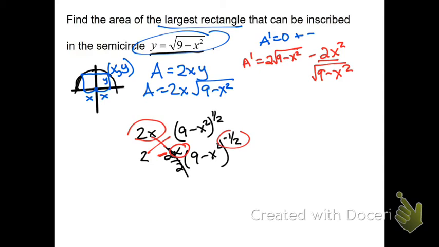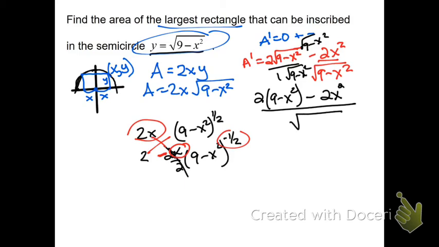And now it's just a matter of getting a common denominator like we always do. So I'm going to multiply this fraction by the square root of 9 minus x squared over itself. This is kind of messy, I'm so sorry. So what does that do? In the numerator, I'll have a 2 and a 9 minus x squared, minus a 2x squared, all over the common denominator of this.